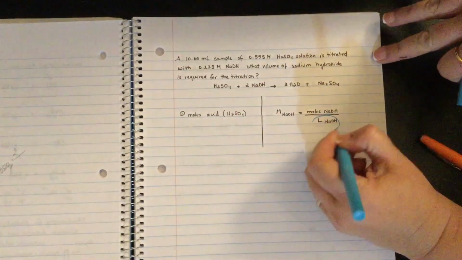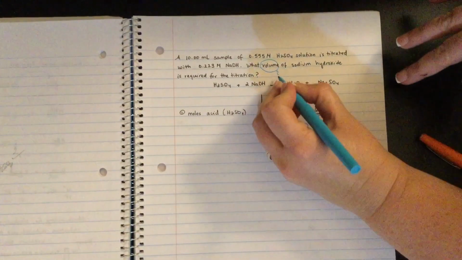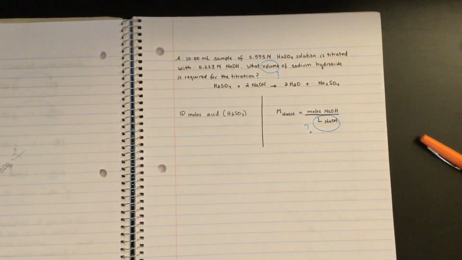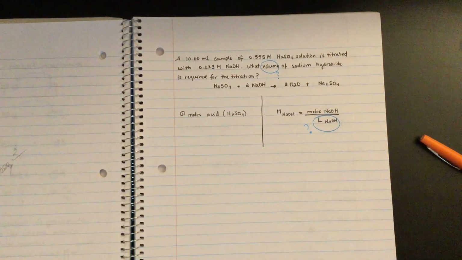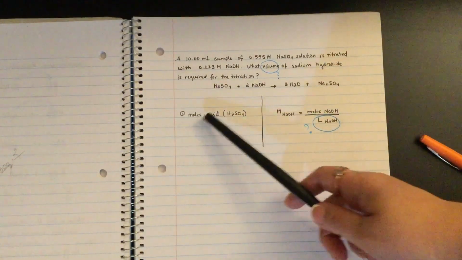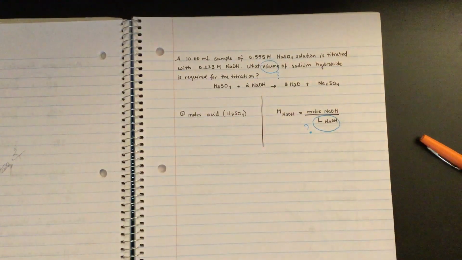This is your unknown, volume of sodium hydroxide. So to find volume, you need molarity and moles. So you're going to use your volume and your concentration to find the moles of the acid.